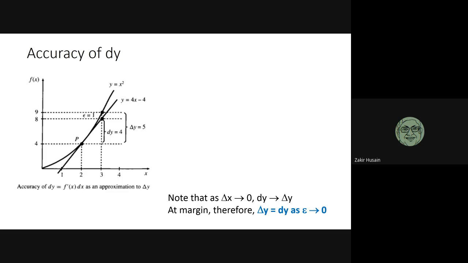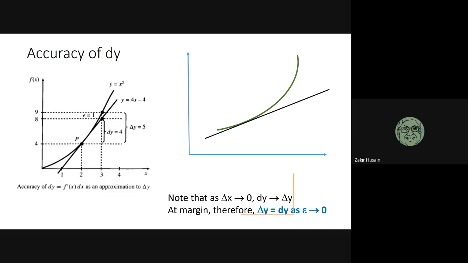Okay, so if the change in x is marginal, dy dx can give me as good a measure as del y by del x. Okay, you can see over here that this is the error term, right?